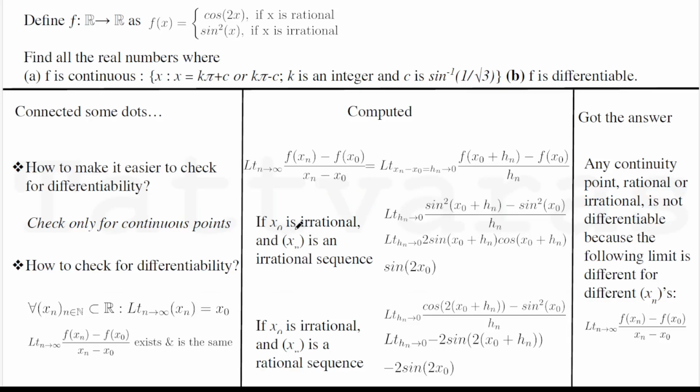And even though we started with x0 irrational, while writing the answer, you could end with something like, even if x0 is rational, similar math would show that the corresponding limits for different sequences converging to x0 do not match. And that's why there is no point of differentiability.